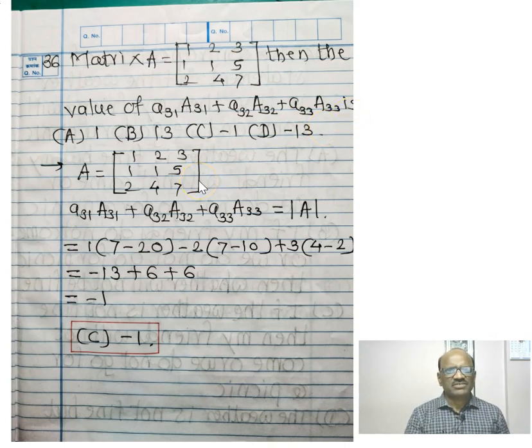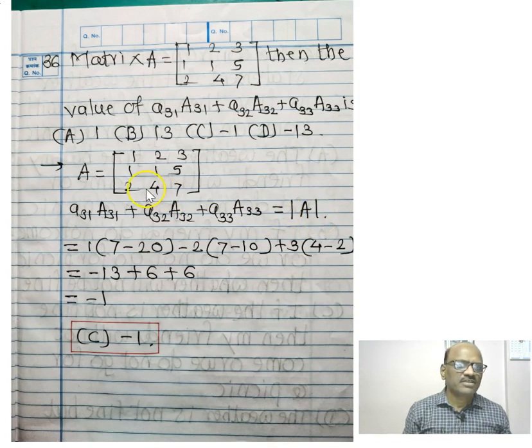Now substitute the values. Here, A31 into cofactor 31 plus A32 into cofactor 32 plus A33 into cofactor 33 is equal to the determinant of the matrix.